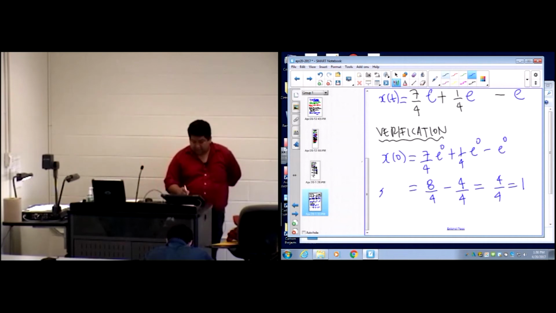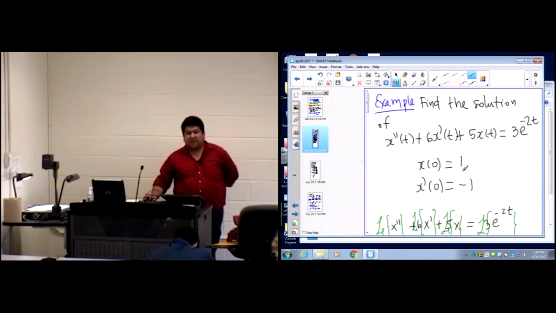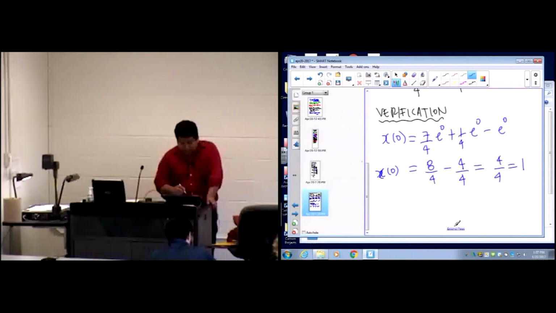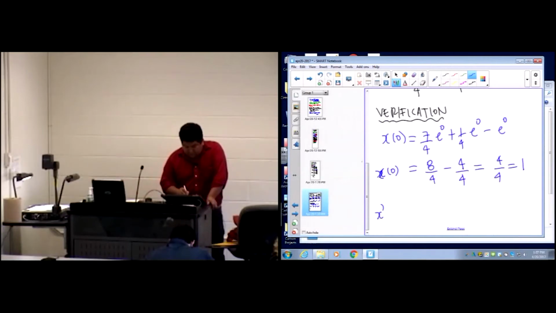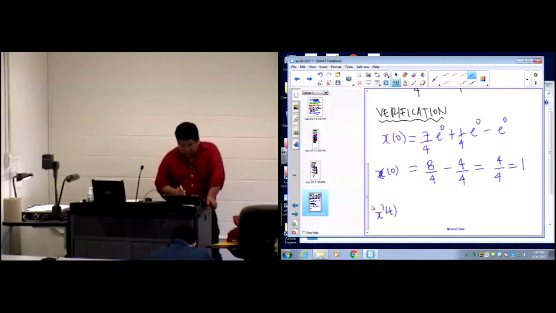What happens to the second initial condition? First derivative, let's see, would be minus 7 fourths e to the minus 1t minus 5 times 1 quarter, minus 5 fourths e to the minus 5t, and then minus 2 times minus 1 is positive 2 e to the minus 2t. That's the first derivative.